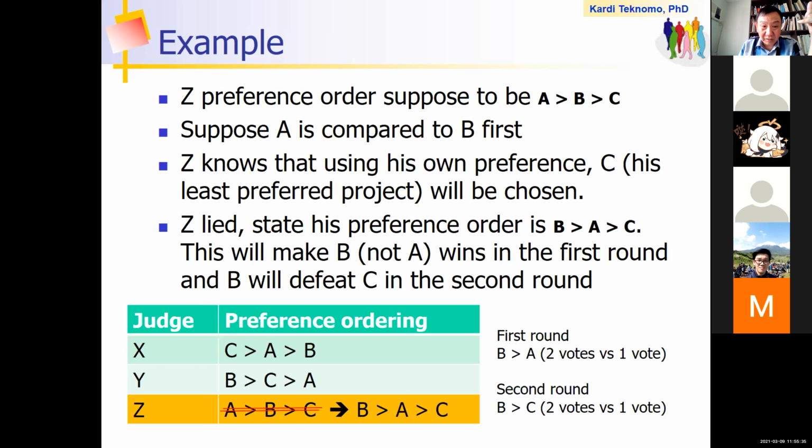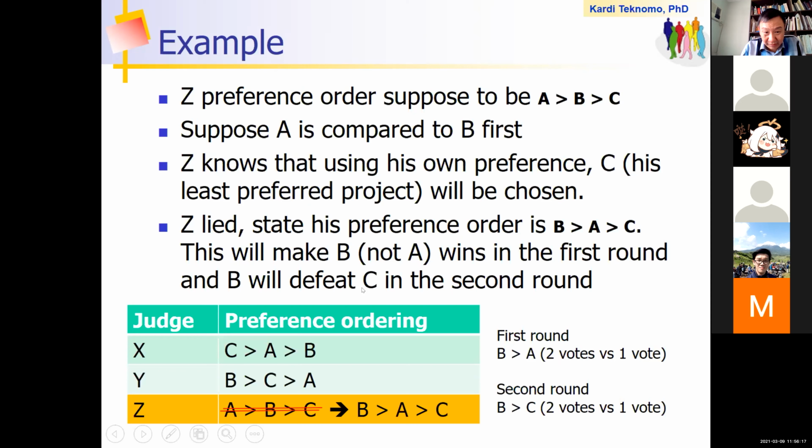In this case, in the first round, if Z is telling that, oh, my order is actually B larger than A larger than C, then in the first round you see that B is larger than A, because B gets two votes. In the second round, you check B compared to C. Again, B is winning because B gets two votes again, solving the paradox.